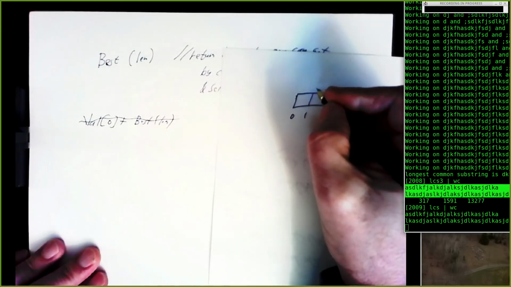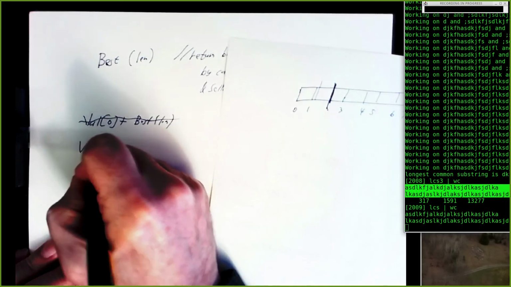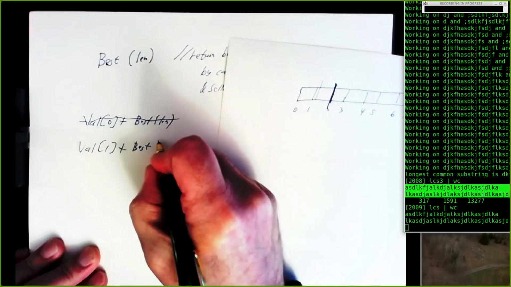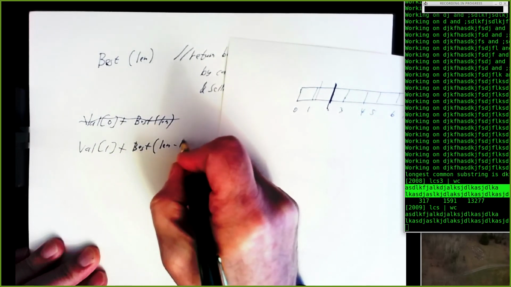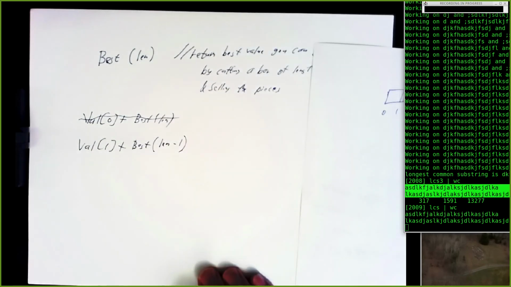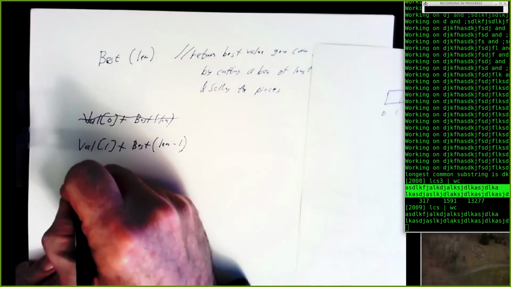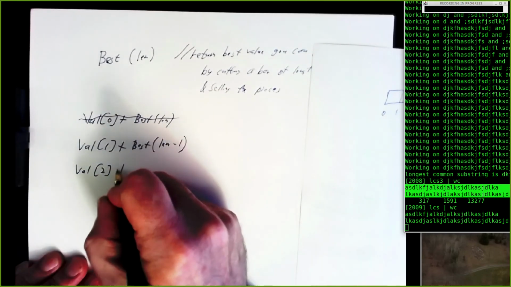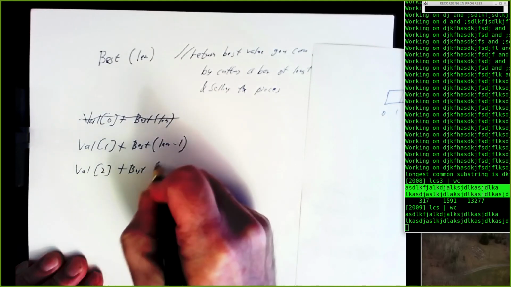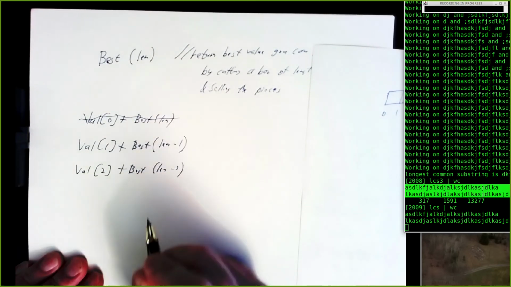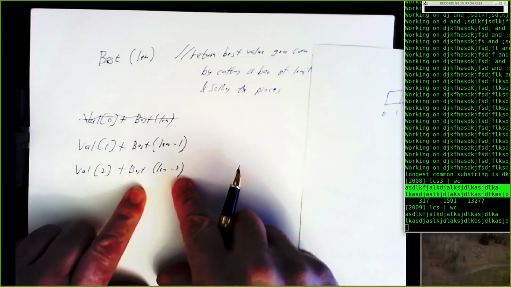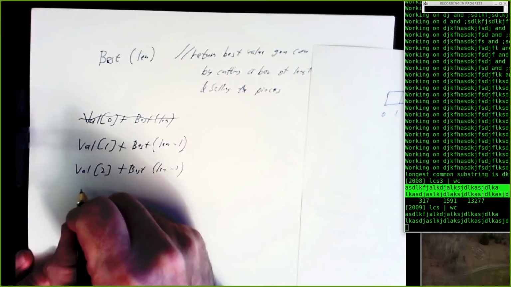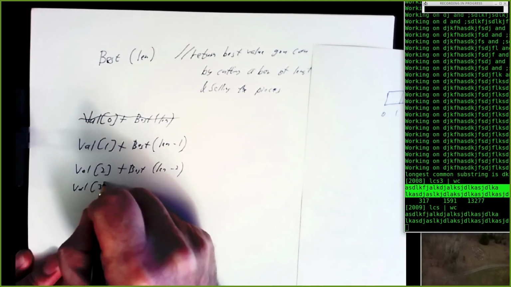But we could chop it at the 1-inch mark, in which case we get the value of a 1-inch piece plus whatever the best value is we can get from a bar whose length has been reduced by 1. Or we could chop it at the 2-inch mark, get the value of a 2-inch bar, and that leaves us with a bar whose length is len minus 2. And whatever the best value is we get from that, we add that to the value of the 2-inch piece. That's our solution.